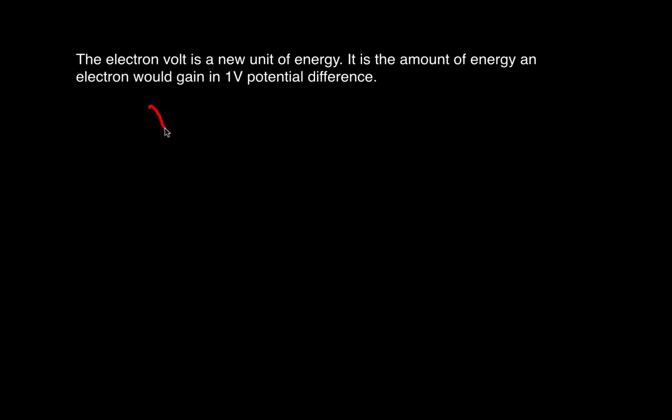So, since voltage equals change in energy over Q, the change in energy equals QV. So an electron volt is given by the change in energy an electron, which has a charge of 1.6 times 10 to the minus 19 coulombs, would gain in 1 volt.